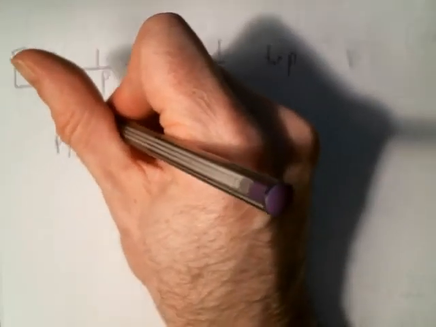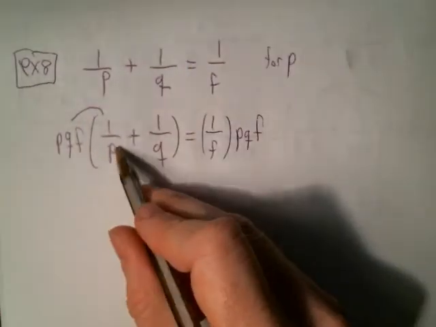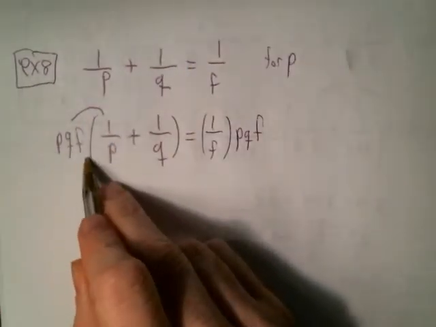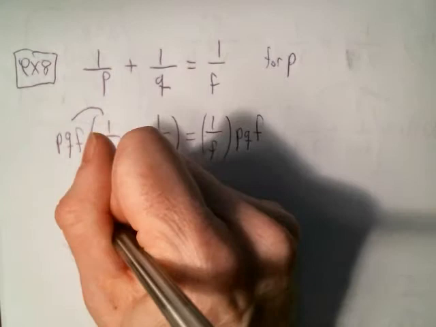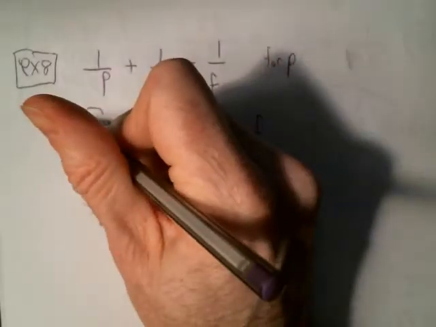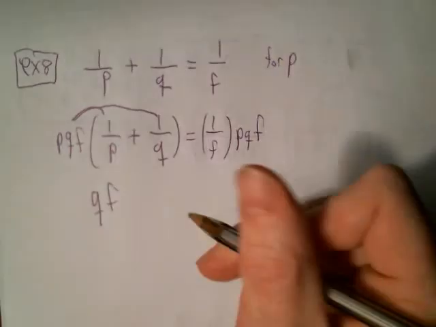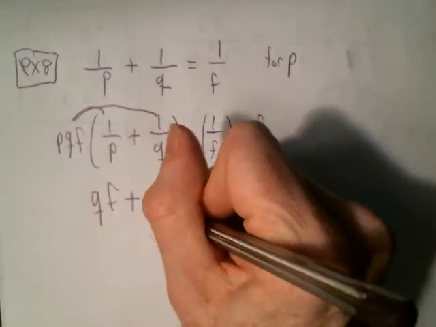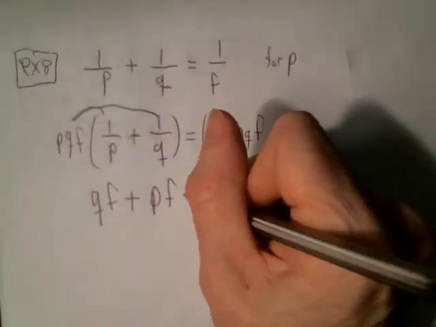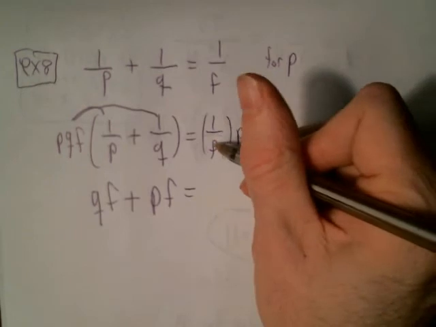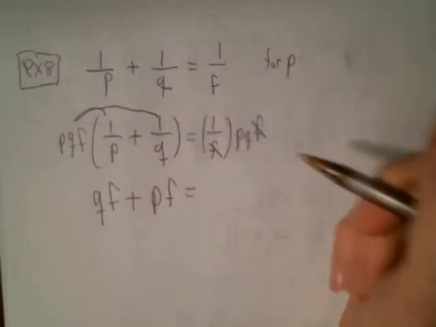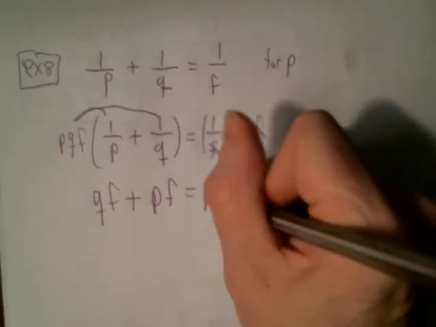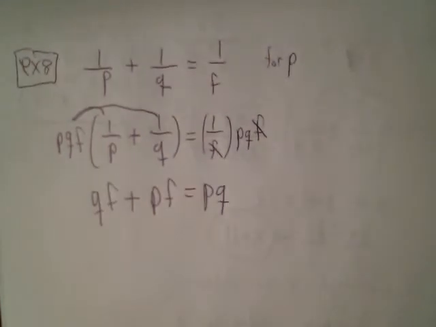On the left-hand side, when this times this, the p's will cancel, leaving you with q times f times 1, which is just qf. When I go this times this, the q's will cancel that time, just leaving me with pf. On the right-hand side, the f's will cancel, just leaving me with pq times 1, but that's just pq.